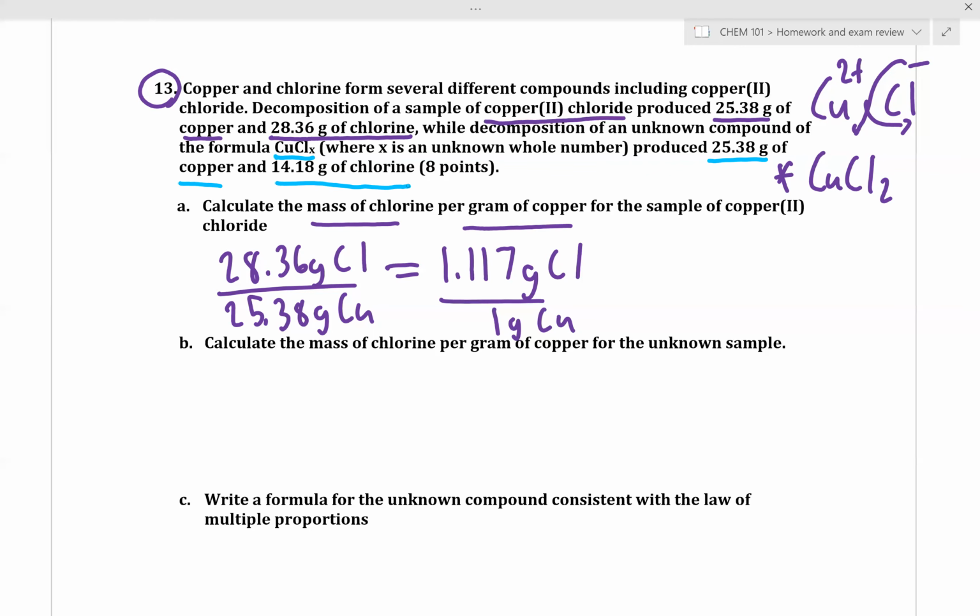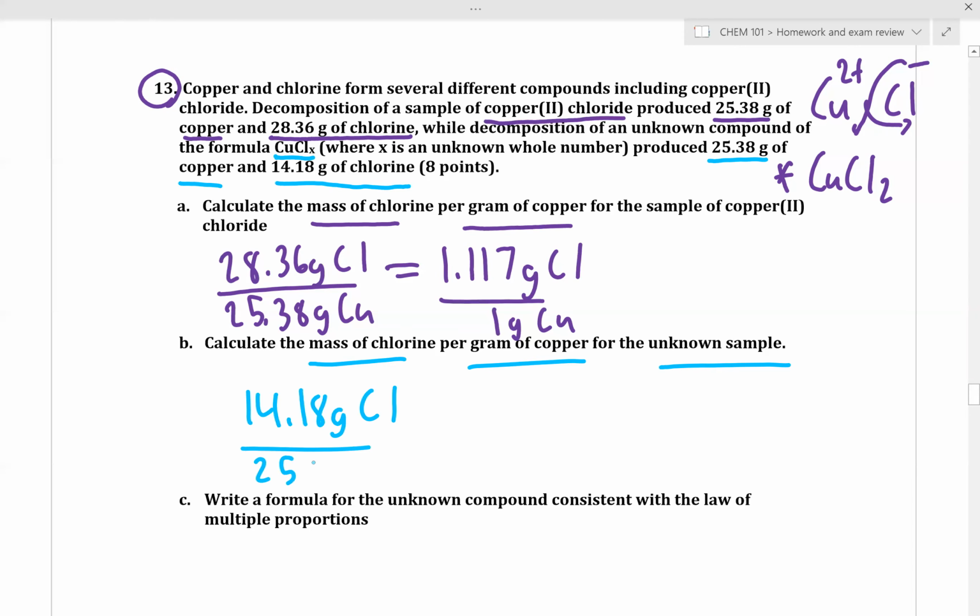Okay, so in this case, we want the mass of chlorine per gram of copper for our unknown sample. Do we know that information? Is that all readily apparent? Okay, so we have 14.18 grams of chlorine per every 25.38 grams of copper. Now, this method of figuring out the formula using the law of multiple proportions essentially leads you to this idea: the mass of copper is the same.